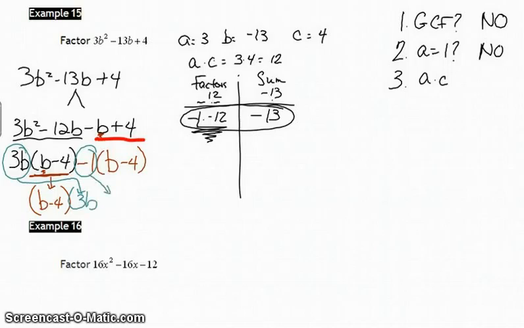3b minus 1. So the binomials b minus 4 and 3b minus 1, when I multiply them together, should produce 3b squared minus 13b plus 4. So let's FOIL and check and make sure that we didn't make a mistake.